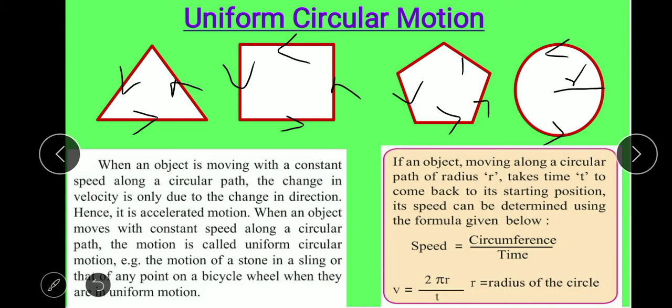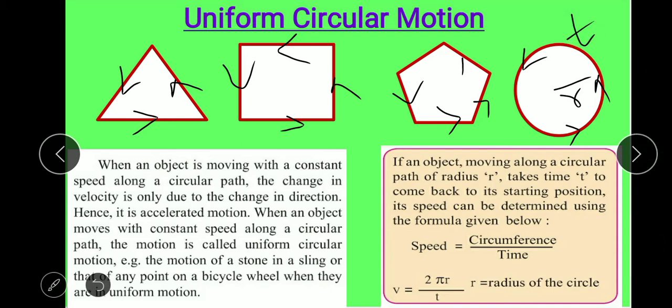Then the time taken to complete one revolution is t. Suppose a vehicle is following the circular path having radius r, and the time taken for one complete rotation is t.